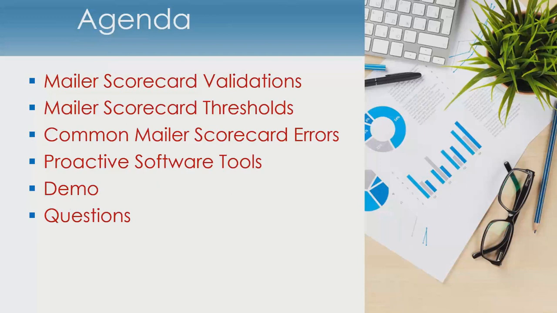And most importantly, we'll talk about using that mailer scorecard data as a quality assurance tool and about some other proactive software tools that are available that can help you improve the quality of your mailing processes and thereby improve your mailer scorecard results. Then we're going to turn it over to Mary, and she is going to be demonstrating some of these proactive software tools that are available from WindowBook. And then we'll wrap it up with that Q&A session.